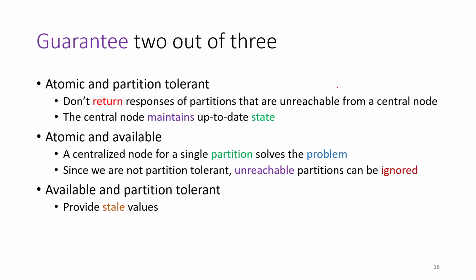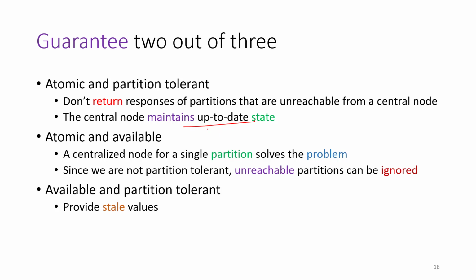Can we guarantee 2 out of 3? Well, we very easily can. Atomic and partition tolerant: have a central node and ensure that all the updates are there with the central node. It maintains up to date state. If you can reach the central node, return a response which is guaranteed to be correct, in the sense it will be atomic.